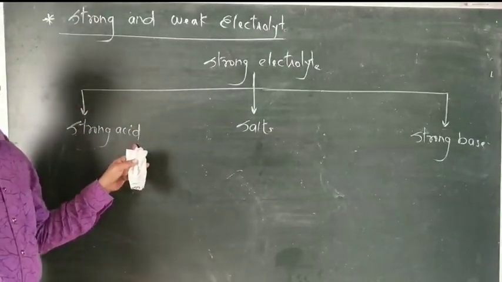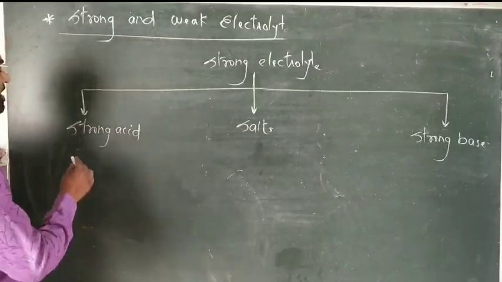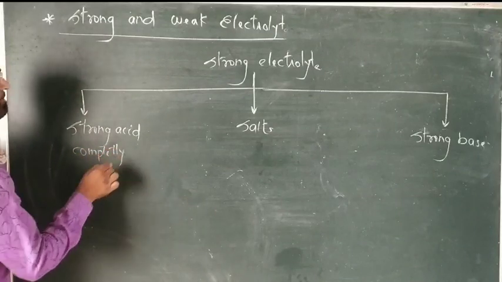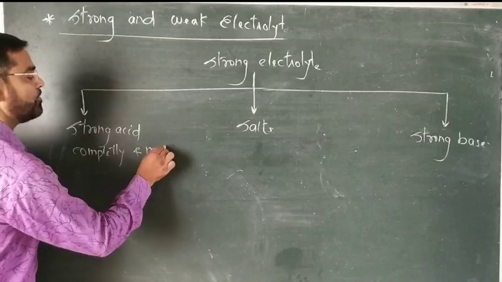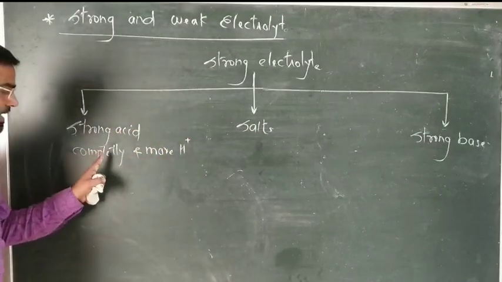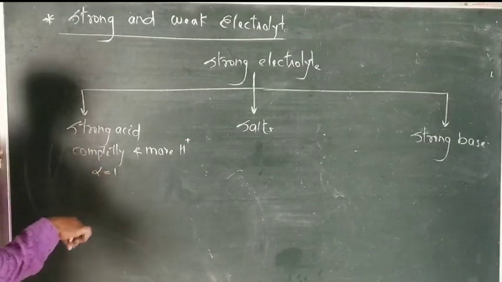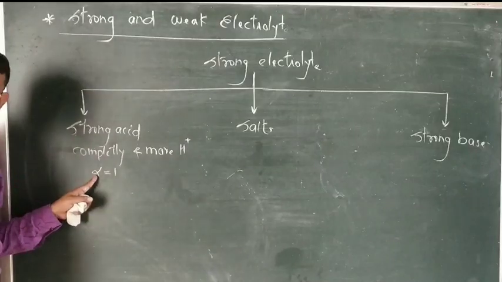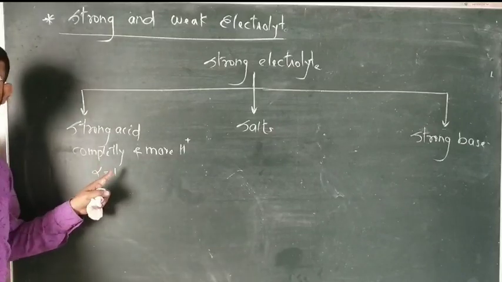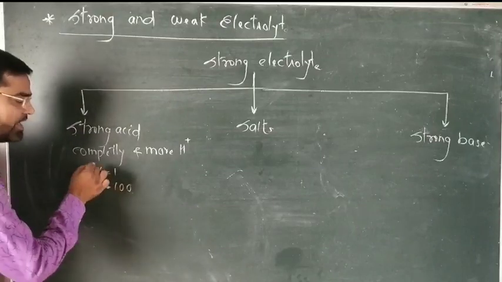So, dissociates completely and gives more H plus ions. In a strong acid we can say that the value of alpha is 1 because the number of moles taken is equal to the number of moles dissociated. That's why alpha is equal to 1. Here percent alpha is equal to 100.